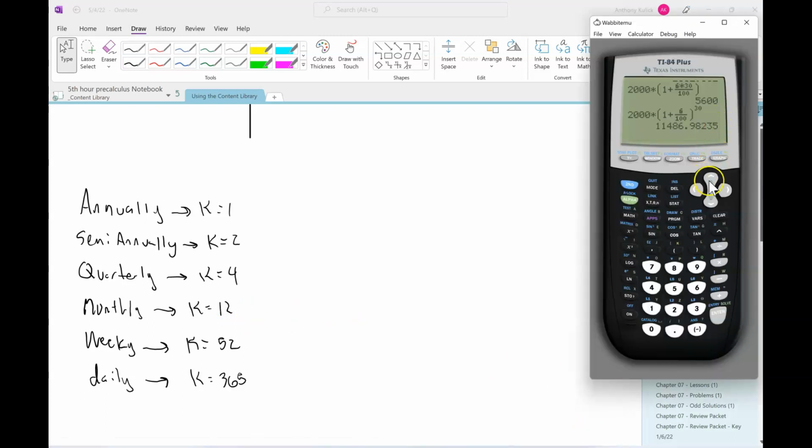All right, so let's go and take our problem here, right? We saw that when K was 1, we get 2382. Let's see how that changes when K is 2.